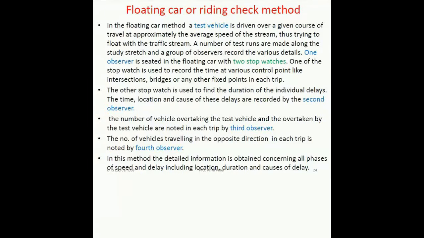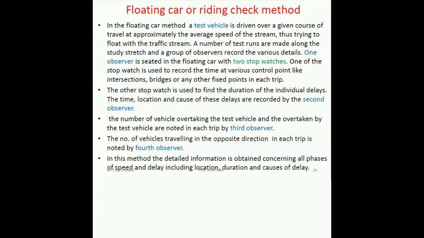The other stopwatch is used to find the duration of the individual delay. The time, location, and cause of these delays are recorded by the second observer. The third observer notes the number of vehicles overtaking the test vehicle and the number overtaken by the test vehicle in each trip.